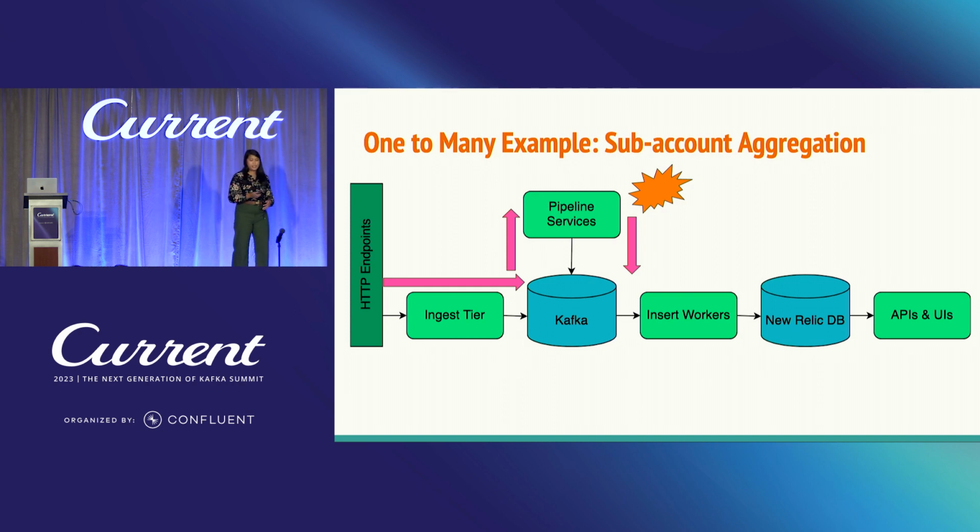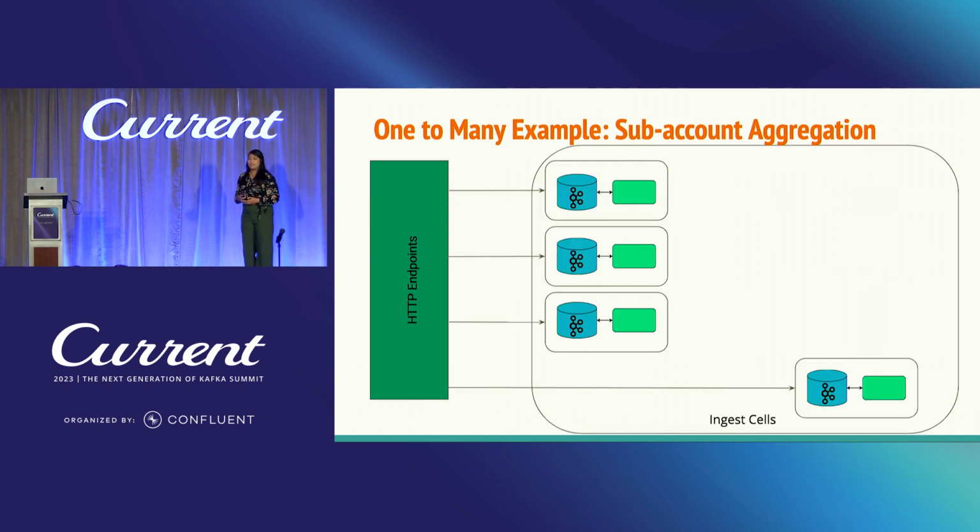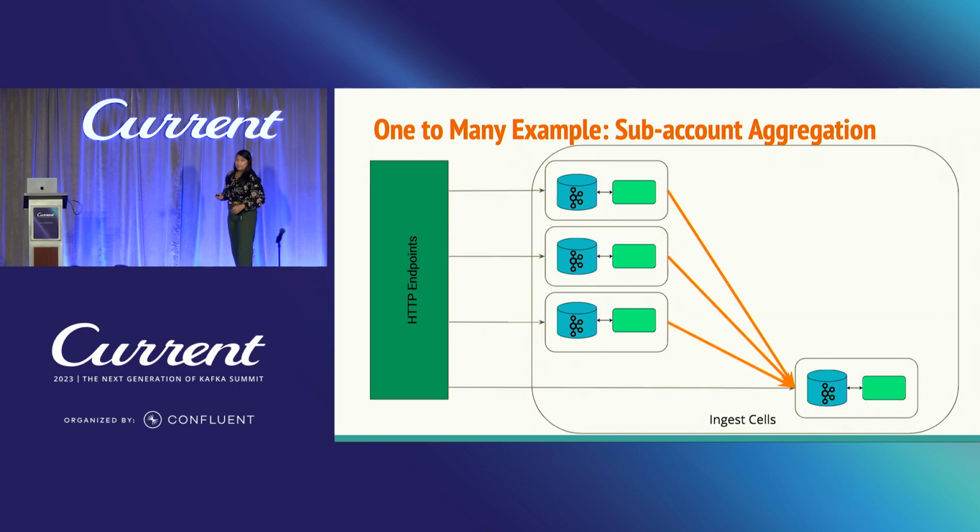With that not being the case, for example, we could have the sub-accounts coming into these top 3 cells, they need to go into the ingest cell that the root account is arriving in. So then we need to have data flow like this, the top 3 cells going into that bottom one.